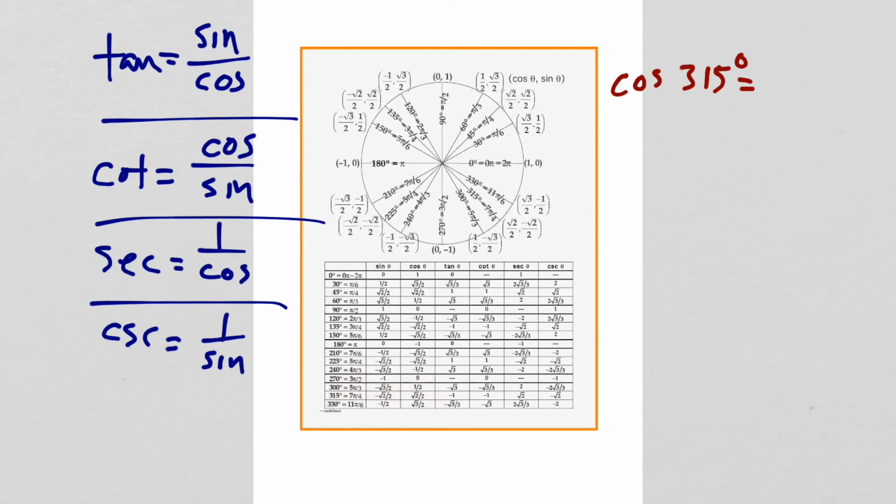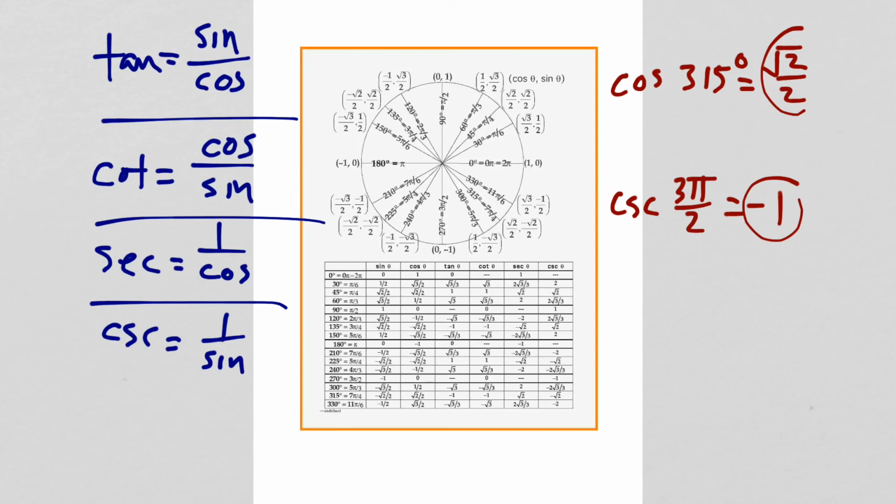So that exact value is radical 2 over 2. If we were finding, say, the cosecant of 3 pi over 2, here's 3 pi over 2. It's right here. So then we go over to the cosecant column. And that answer is -1.